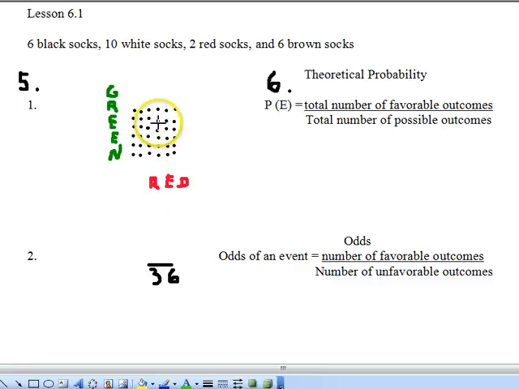So there are 9 points here that represent rolling a red even number and a green odd number. So that's what we're going to put here, 9. Okay, that's our total number of favorable outcomes over the total number of possible outcomes.